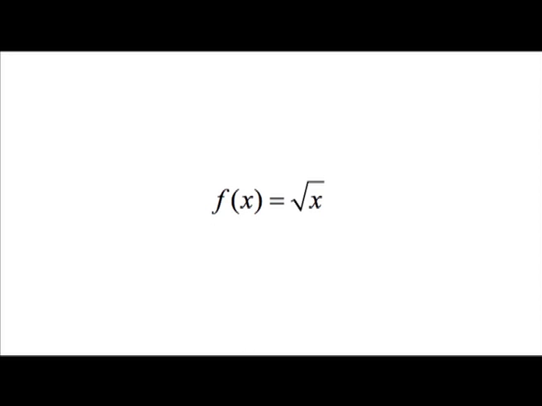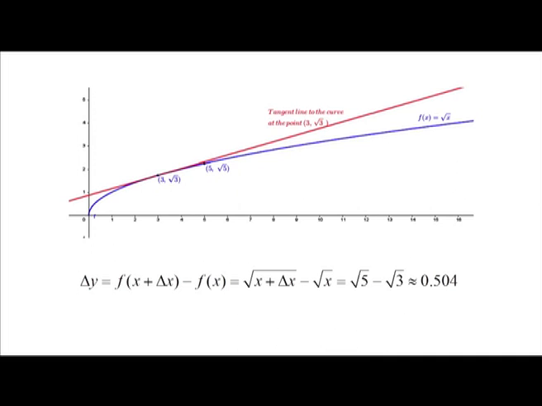As an example, we find dy and Δy at x = 3 with dx = Δx = 2, where y = √x. With f(x) = √x, we obtain Δy = f(x + Δx) − f(x) = √(x + Δx) − √x = √5 − √3, which is approximately equal to 0.504.